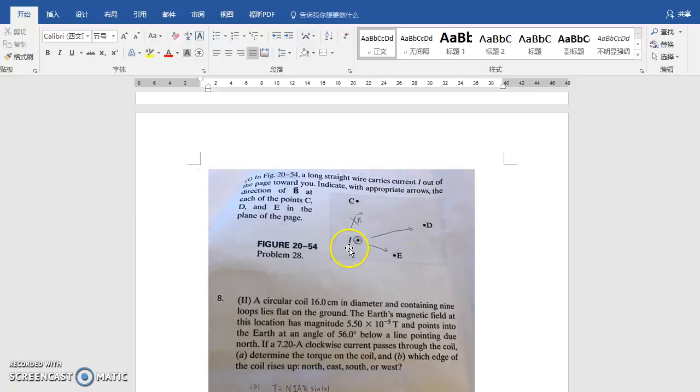So at D and E there is a magnetic field towards that side. And about C, it is perpendicular to the current flow, so it does not have any magnetic field.